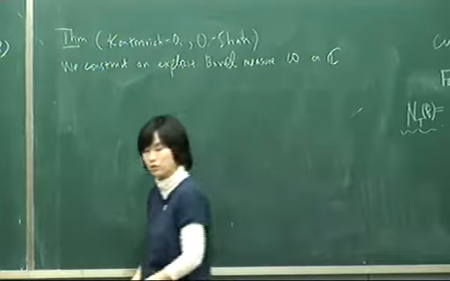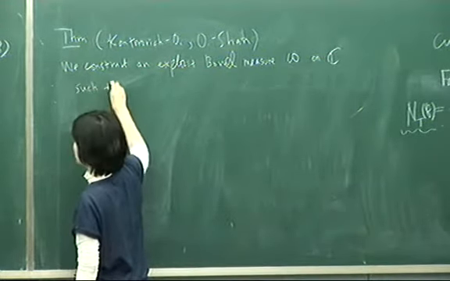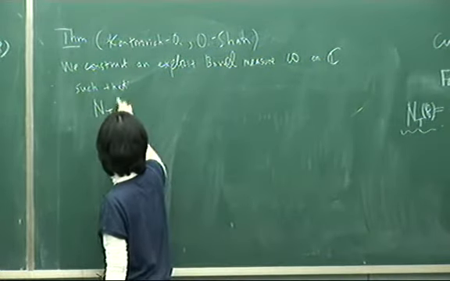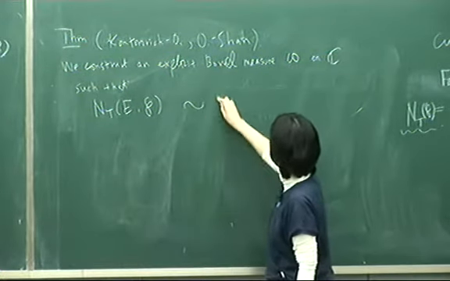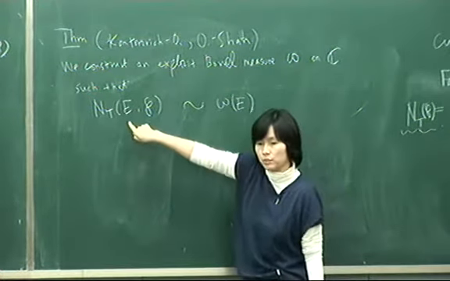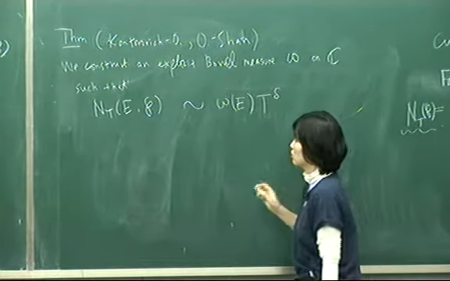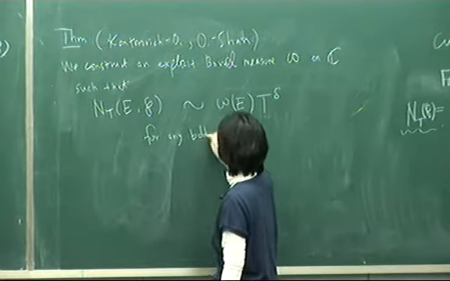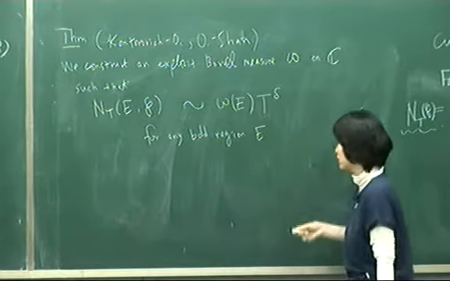So we compute some positive measure on C such that this counting function is asymptotic to omega of E, the size of this bounded region E with respect to this omega, times T to the delta. This holds for any bounded region E whose boundary is an algebraic curve.